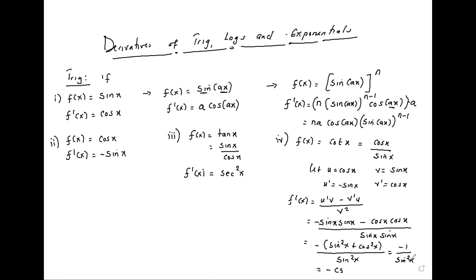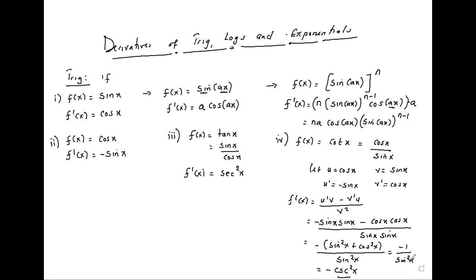Just minus cosec squared x. So that's for cot. So we have for tan, we have for cot.